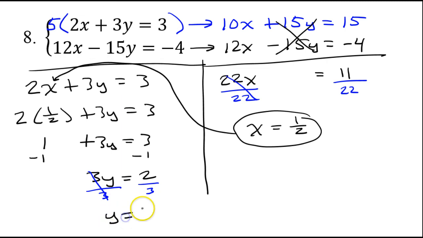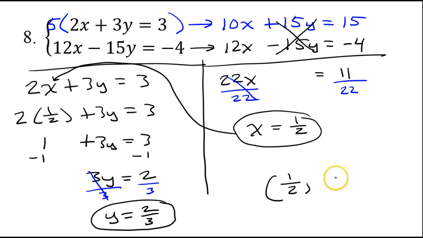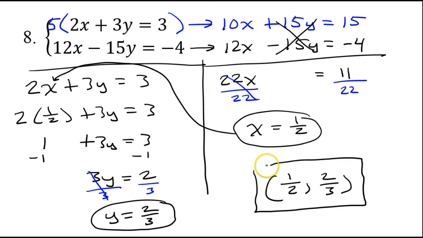So I get y is equal to 2/3. Now I could write this solution as an ordered pair by saying the solution is 1/2 comma 2/3. So this would be the solution to number 8.